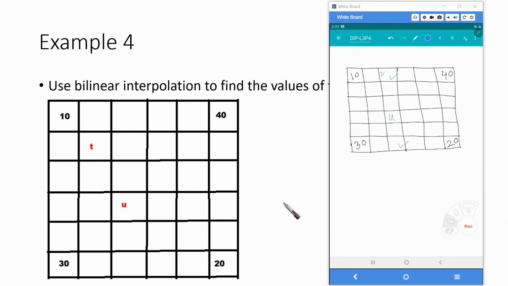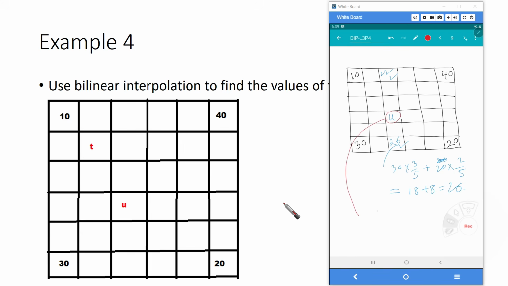So this is 22. And this value we can calculate as 30 multiplied by 3 over 5 plus 20 multiplied by 2 over 5. So what is this value then? 90 over 5 plus 40 over 5, so that means 18 plus 8, so 26. So this is 26. Now we are ready for calculating the u value.